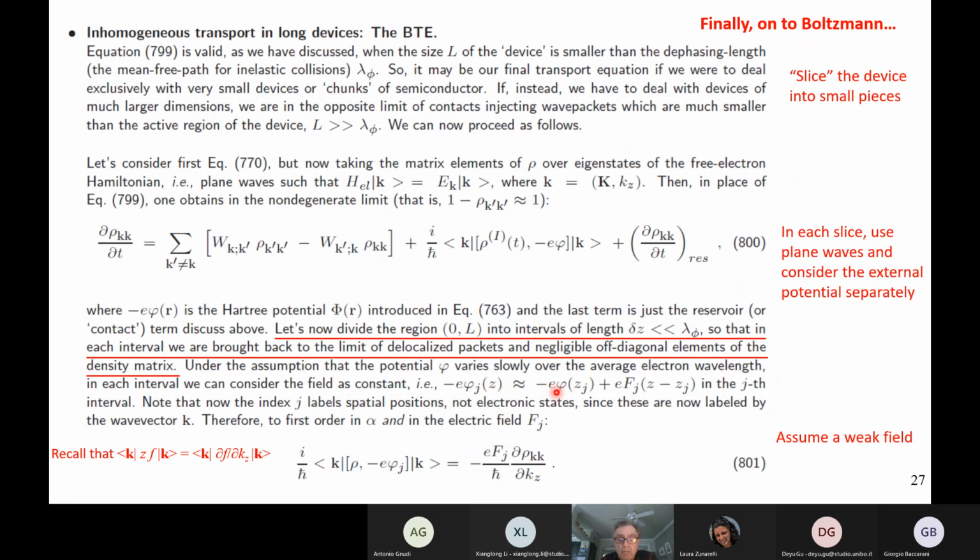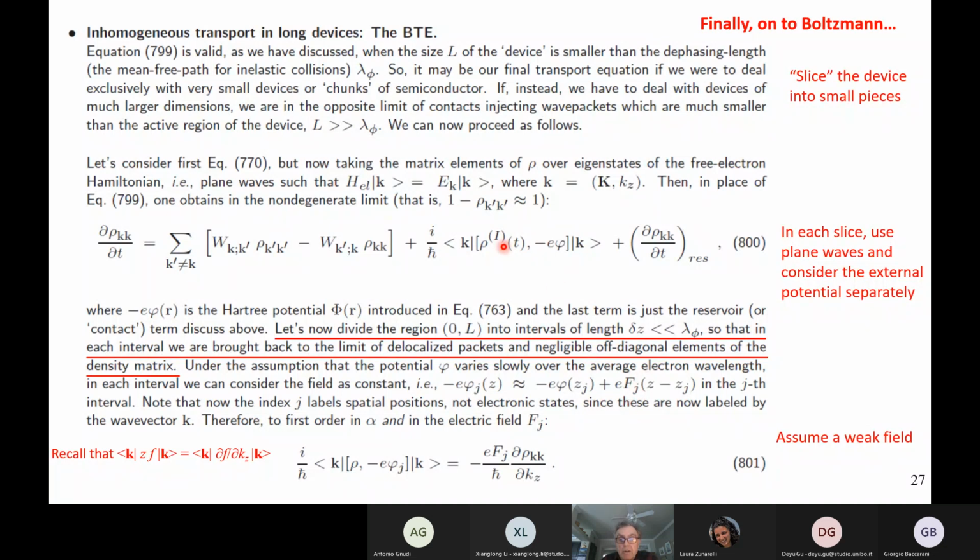So I linearize it, so to speak. So in a slice, call it j, the potential can be written as the potential at the left-hand side of the slice, and then a term which represents the slope of the potential, so the electric field at position j, at the left-hand side of the slice.